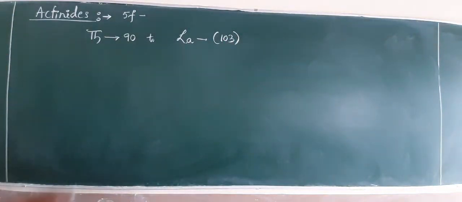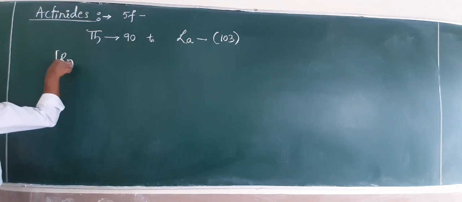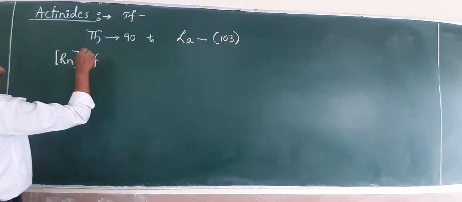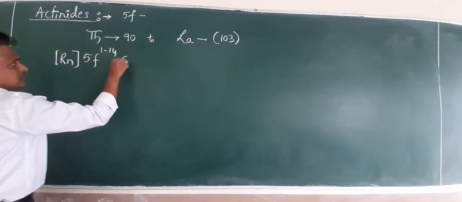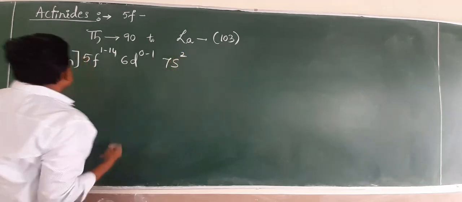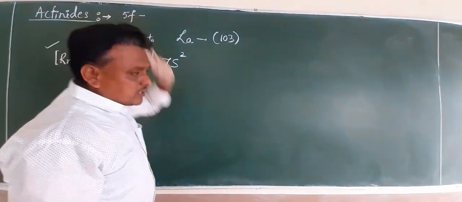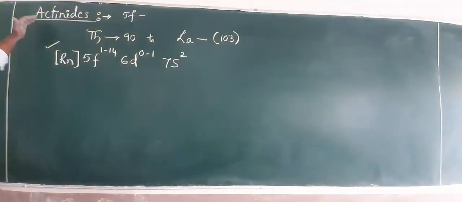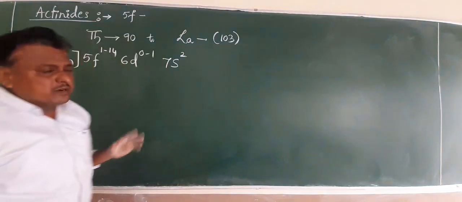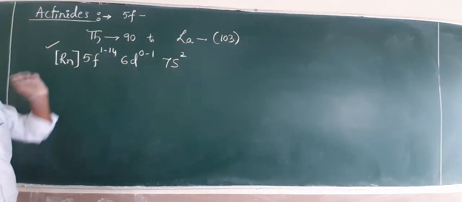Dear friends, keep in your mind the general electronic configuration of actinoids with the noble gas radon: 5f1 to 14, 6d0 to 1 and 7s2. This is the general electronic configuration of actinoids. I repeat, actinoids are the F block elements or inner transition elements, and especially they are also radioactive in character.